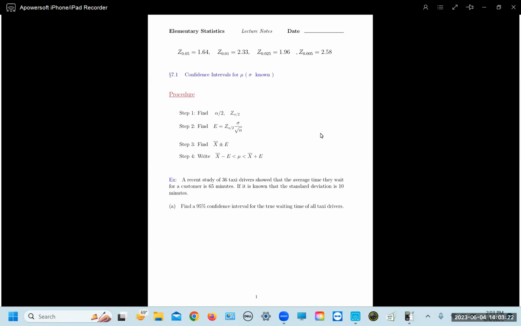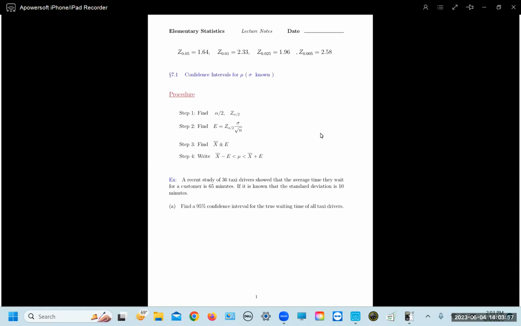Today we go for 7.1. This one, the Z, we give out right here. We have this one, or the Z. And so, 7.1, confidence interval for mu, but sigma is known.